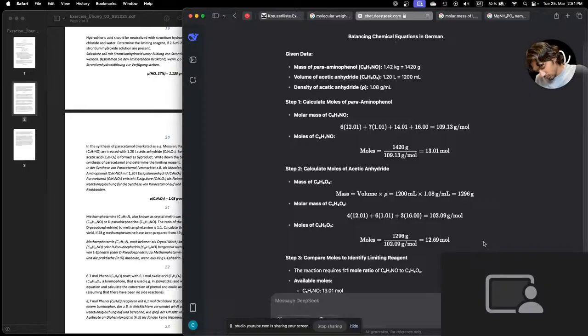Moles of... I forgot the orientation of nitrophenol. What nitrophenol? Para-aminophenol, not nitrophenol.